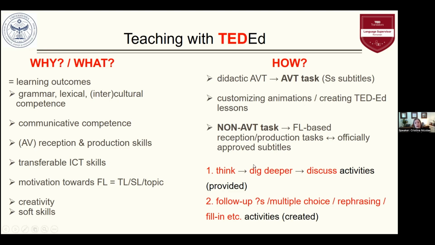You can handle this task as follow-up questions, multiple choice questions, rephrasing, fill-in, a lot of activities that you can create using the given subtitles, and we shall see some more details on the following slide. Or we can start handling our own, we can translate, we can provide subtitles, so that would be the AVT task.